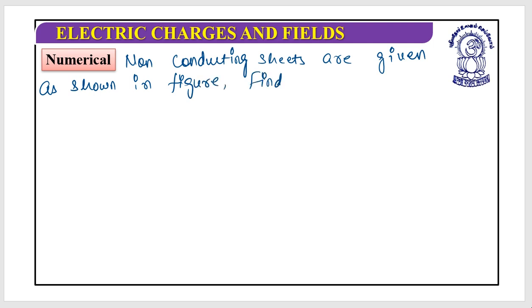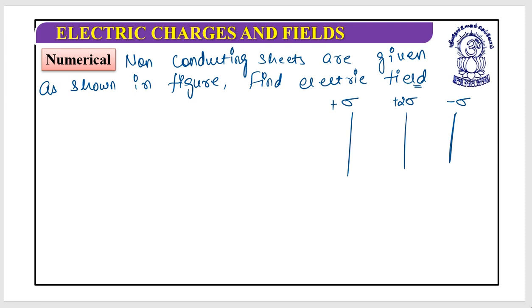Find the electric field. The sheets are: this is plus sigma, this is plus 2 sigma, this is minus sigma, and you have been given that this is region 1, region 2, region 3, region 4.